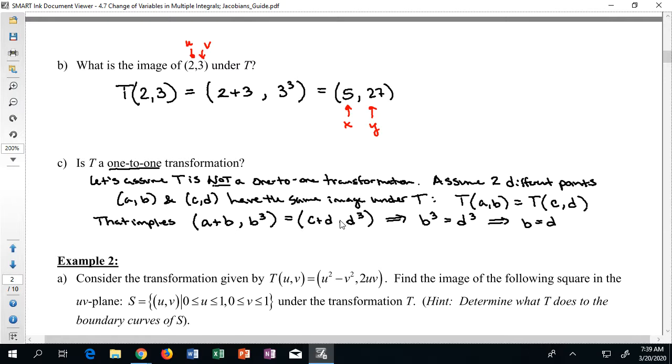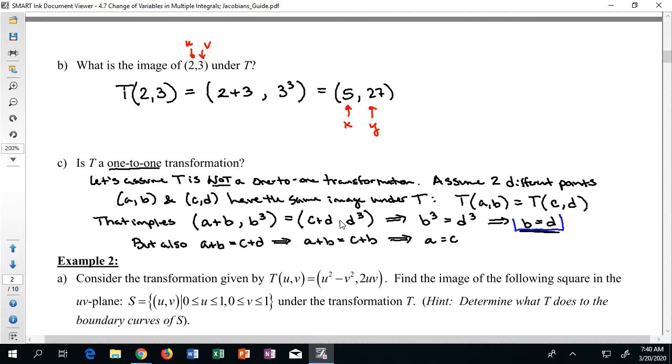So if that's the case, then I know that a plus b has to be equal to c plus d if these things are going to match. But since b and d are the same number, as we established up above, I could say that a plus b is equal to c plus b. But then if I subtract b from both sides, I get that a is equal to c.